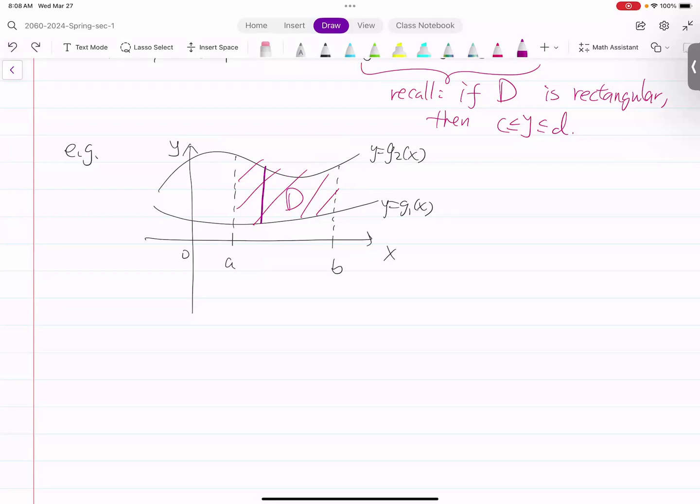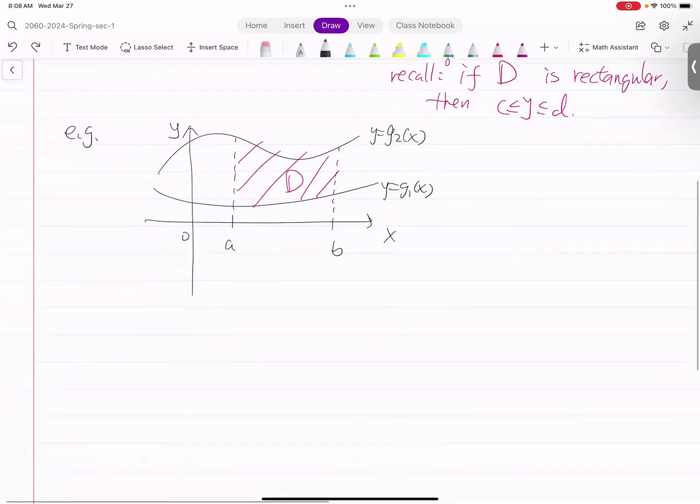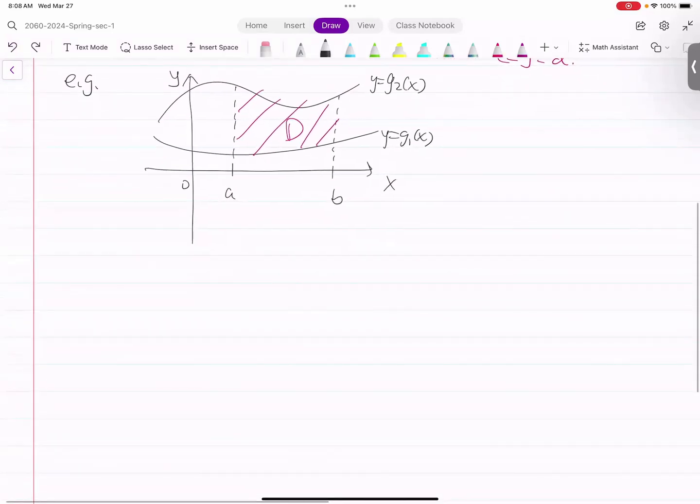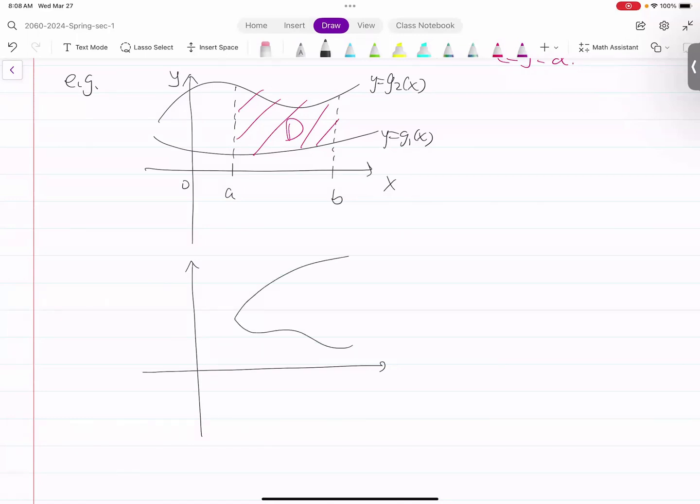But in some situations, the boundaries on the left and right may not be vertical lines. They may be degenerate, a single point, something like this. So it's possible that you have two functions branching out of this left endpoint, but we still have lower and upper bounds as the x value extends all the way to b.